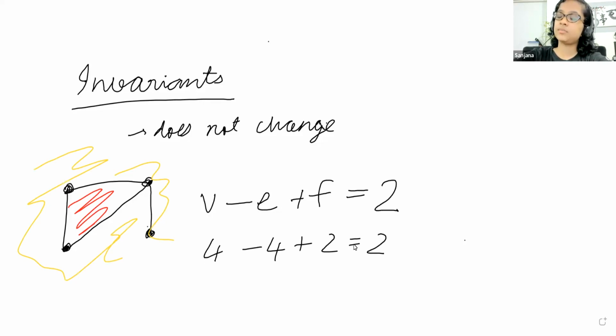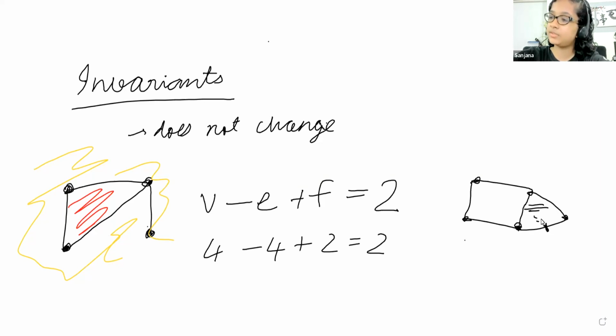The proof is this: suppose you have some big graph, then you can do two things. Either you delete an edge that's part of a cycle. You're removing this edge and also this face, because it becomes part of the outside face. In this operation, edges decrease by 1 and faces also decrease by 1, so this quantity remains constant.